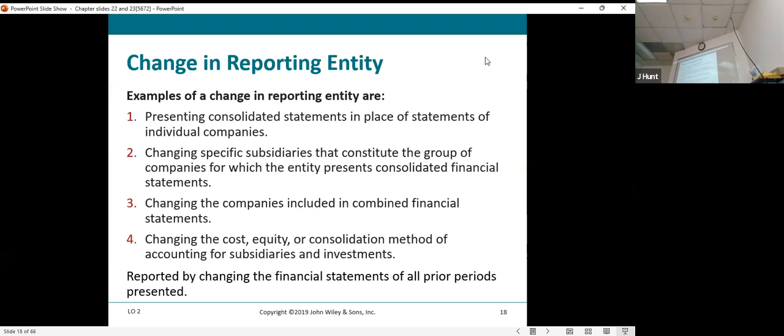But most companies that are in this space, as a reporting entity, are maintaining individual financial statements anyway. So oftentimes this is not a big lift. Before we showed it all together, this group, now we changed the group, so we have to show it a different way, but we have to go back and redo all the prior periods.